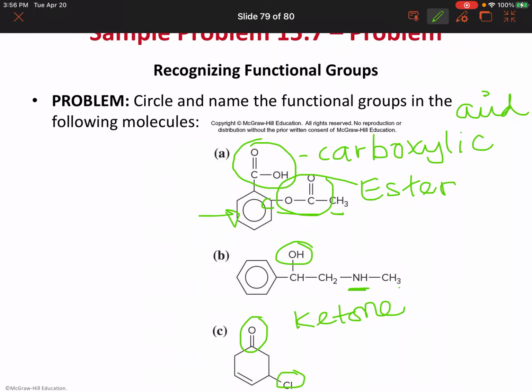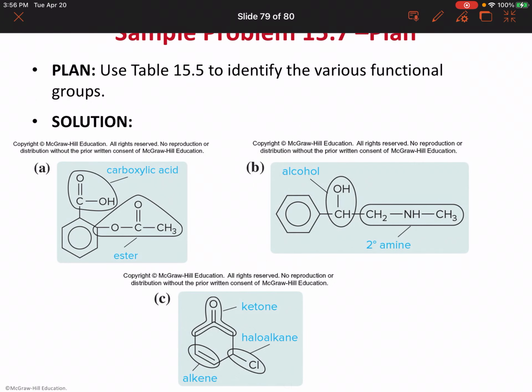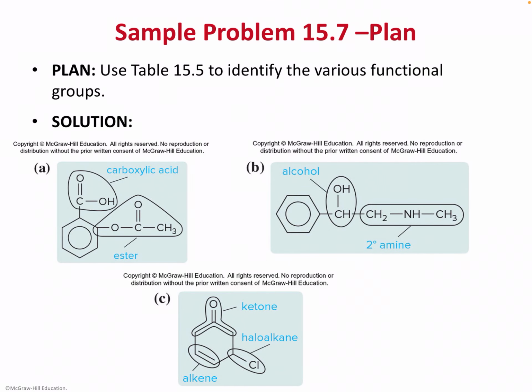And this is a haloalkane. And this is an alkene, double bond. Okay. Carboxylic acid, ester, alcohol, secondary amine, ketone, haloalkane, and alkene. Okay, that concludes our session about organic chemistry.